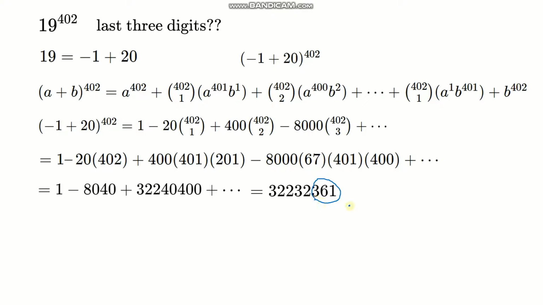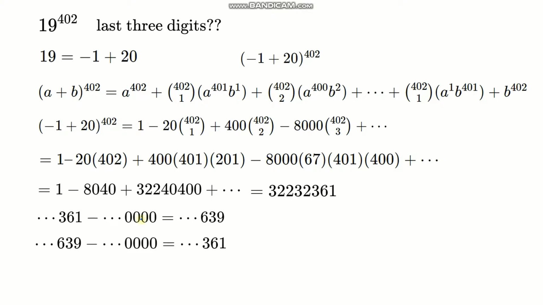When a number ending in 361 is subtracted by a number ending in a lot of zeros, it gives ending digits of 639. And when the ending digits 639 are subtracted by a number ending in a lot of zeros, it gives ending digits of 361. So after deducting 2 times, we return to our original ending digits, 361.